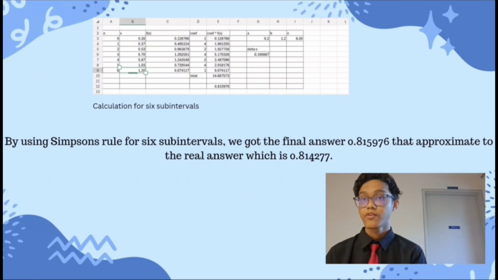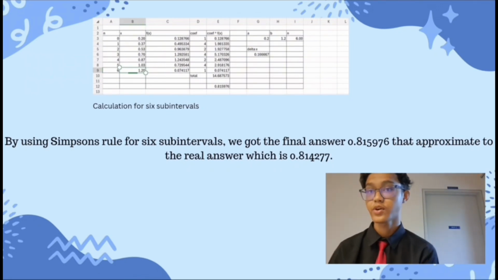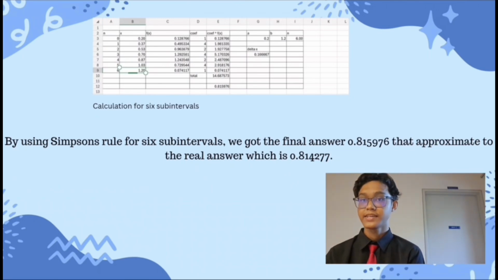I got delta x as 0.166667. For the next step, I put in x, f(x), and the coefficient, then list the values and calculate coefficient times f(x). I sum up all the values from coefficient times f(x) and get a total of 40.687573.